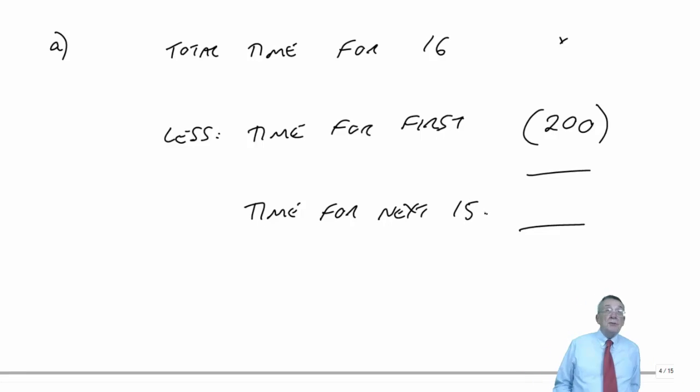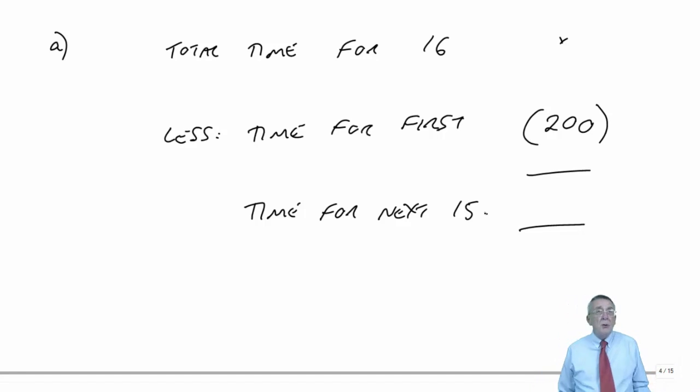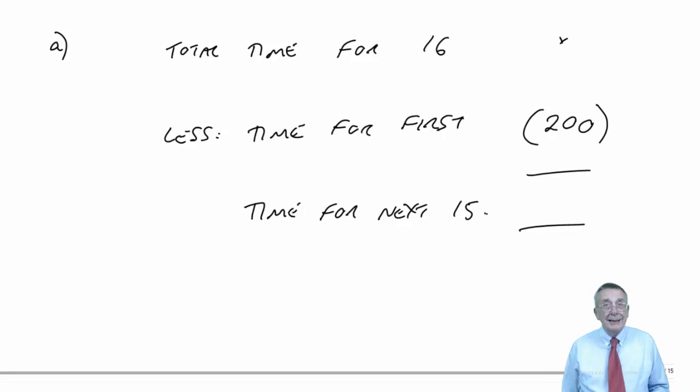Now again, we could use the formula here, but I'm not going to, because 16 does involve doubling. 2, 4, 8, 16. And so if it does, it's quicker to use the doubling rule. It's your choice, but still. And in fact, if you've understood me, it might be an idea to just pause this lecture and have a go yourself, and then press play again and check you got it right.